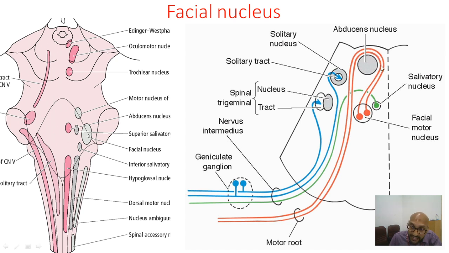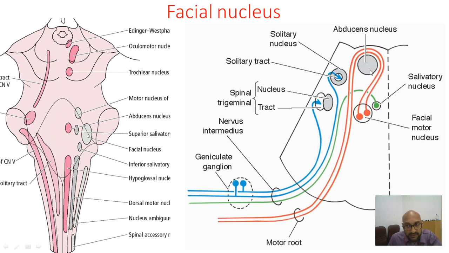And this migration, that is from medial, so this would have been the original position of the facial nucleus and the fibers would have been coming out like this. So this migration has taken place around the abducens nucleus. It goes close to the midline and then it comes out and lies over here inside the tegmentum ventrally. So why does it happen like this?